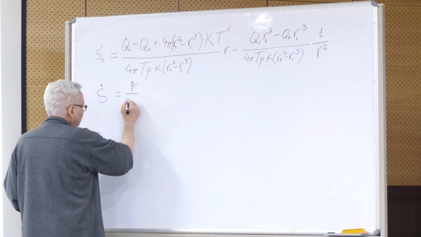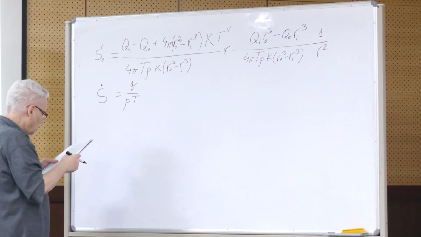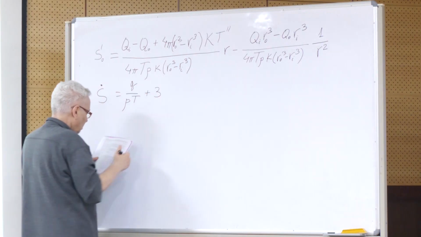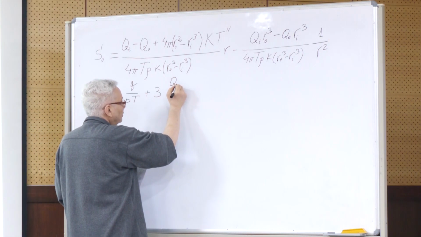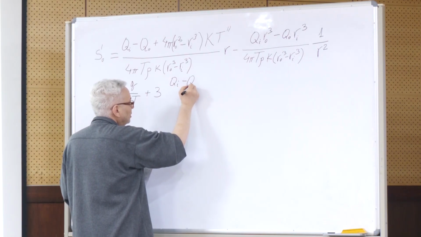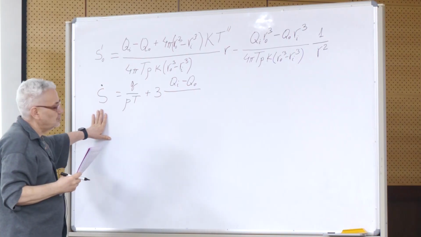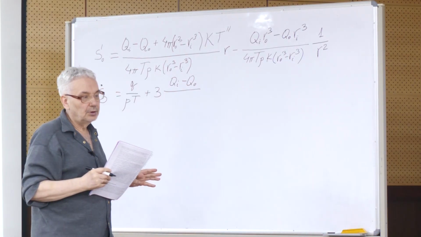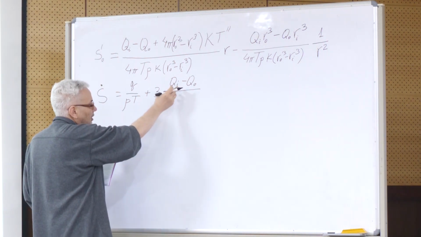It has two terms. One depends on the radiative cooling, and the other is also connected with this input and output heat flux. Basically, this works like the cooling down of the planet, just cooling down of the planet due to the excess of the output heat flux.